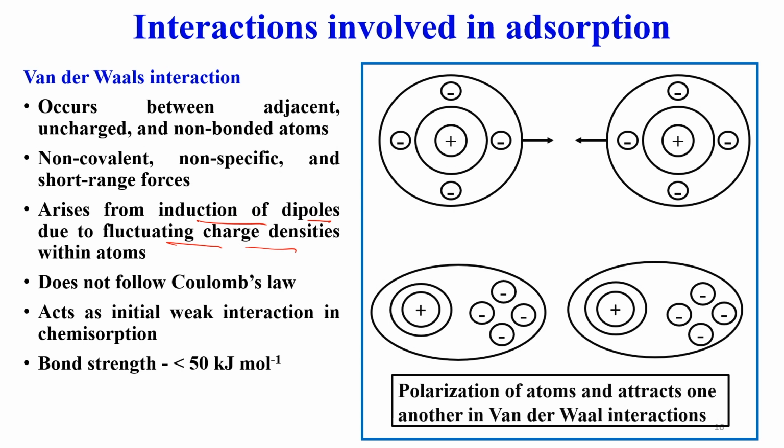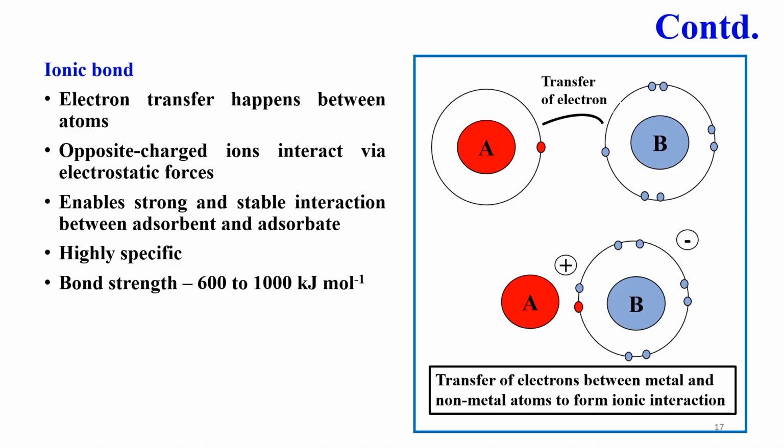However, this van der Waals interaction does not follow Coulomb's law of electrostatic interaction, and it acts as an initial weak interaction in the case of chemisorption as well. The bond strength for this force is less than about 50 kilojoules per mole.